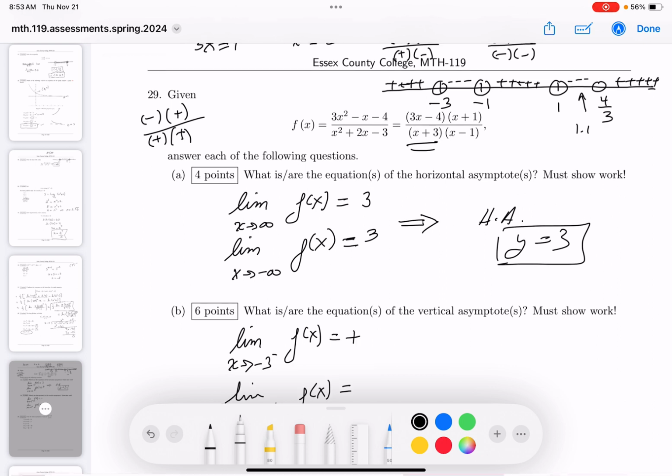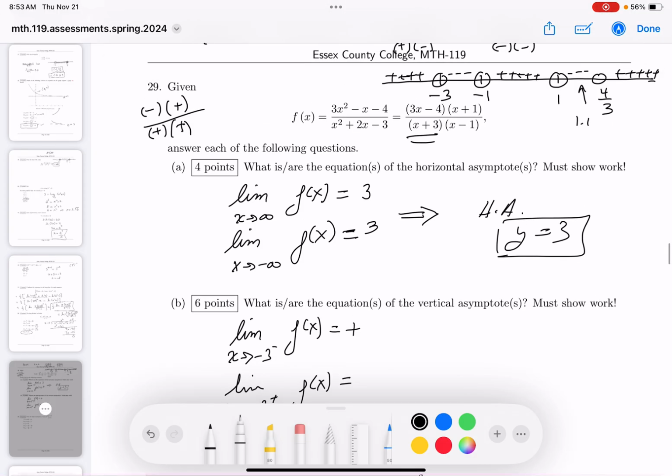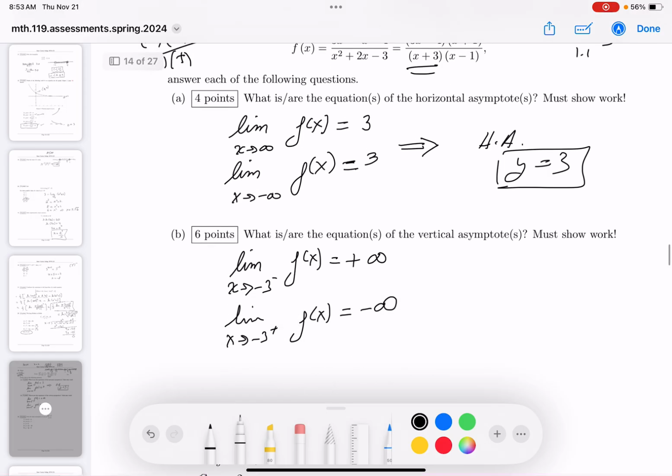That's the left side of minus 3. To the right side of minus 3, I see it's negative. These are going to be blow-up problems because the top and bottom are not simultaneously 0 at that value. So what does this tell me? I've got a vertical asymptote, and that's when x equals minus 3.